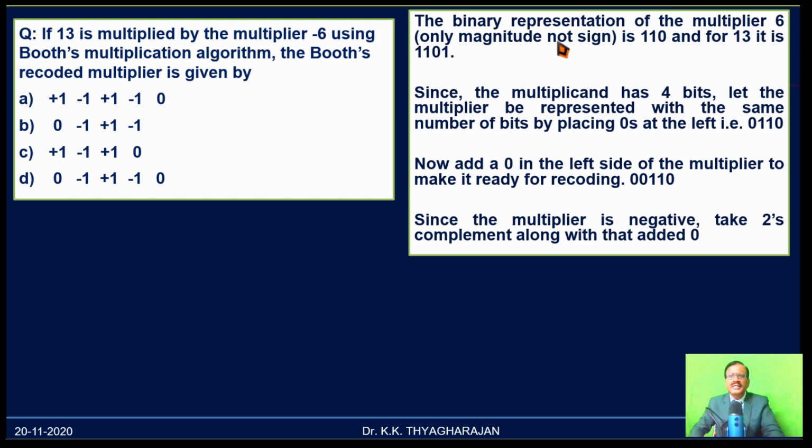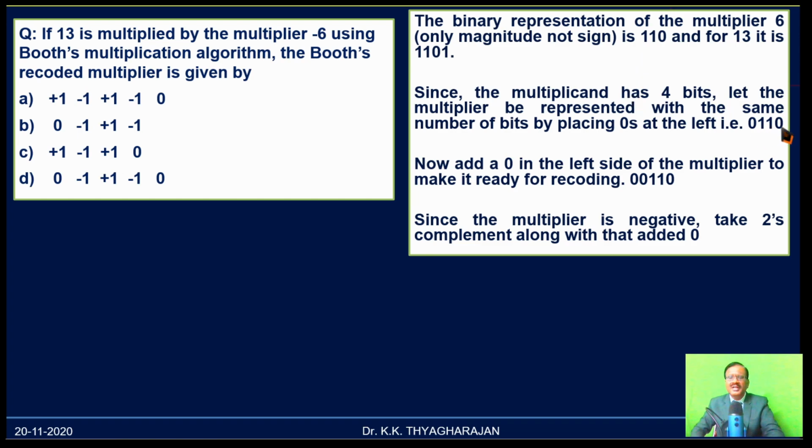Here, the binary representation of the multiplier 6 is 110 and for 13 it is 1101. Here, the number of bits in the multiplicand and multiplier are not same. So you add 0 to this multiplier 6, that means you have to put a leading 0 here. So 0, 1, 1, 0.